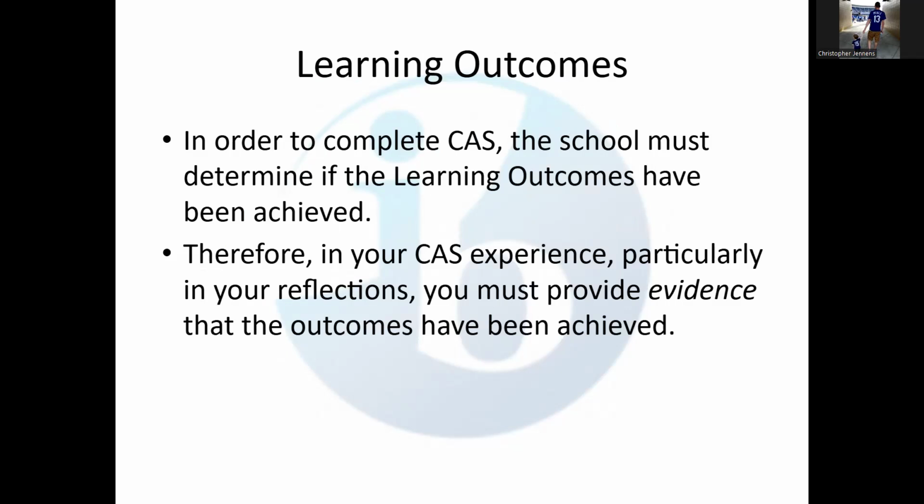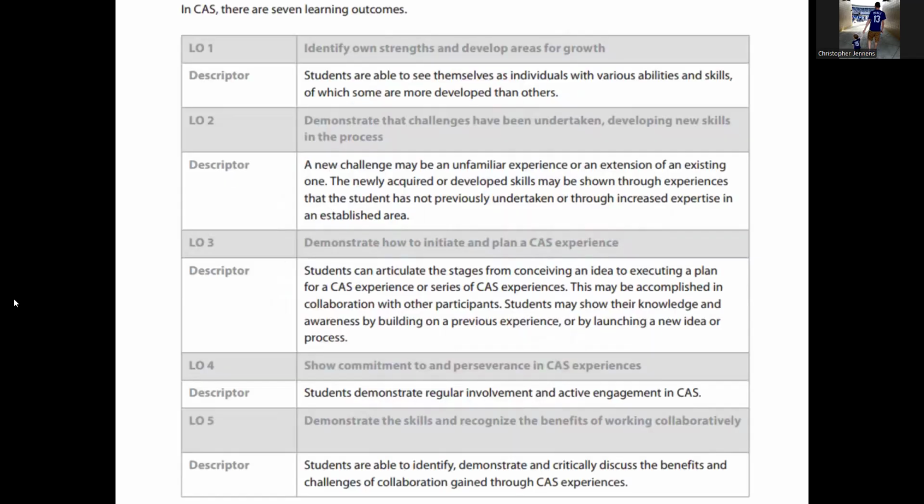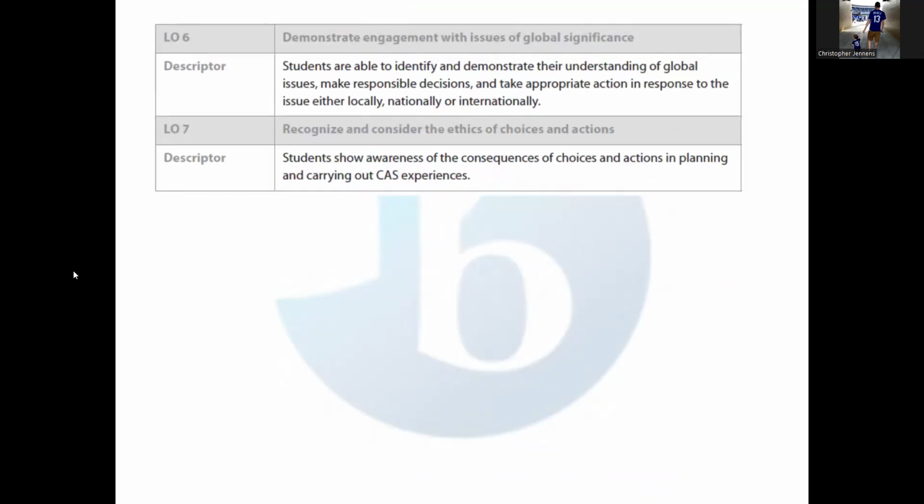On the next couple of slides, you're going to see those seven learning outcomes. You can see the first five there. Feel free to pause and read through these. I'm not going to read them to you, but these are ultimately the seven learning outcomes that IB says students must have accomplished by the time they complete their CAS portfolio in April of their senior year.